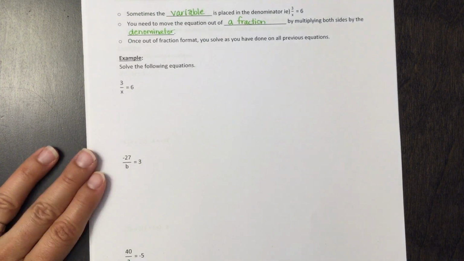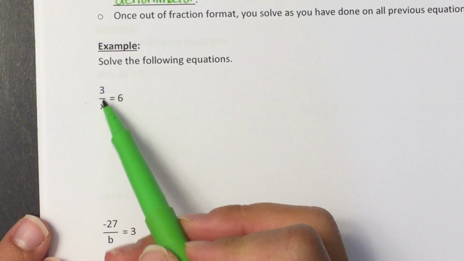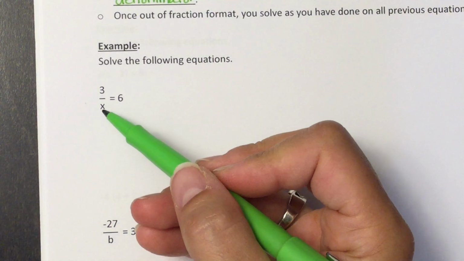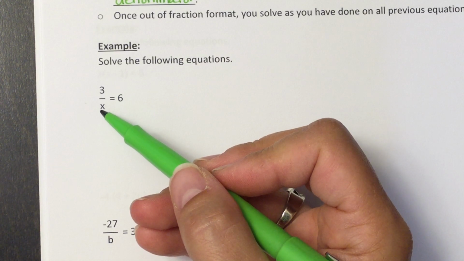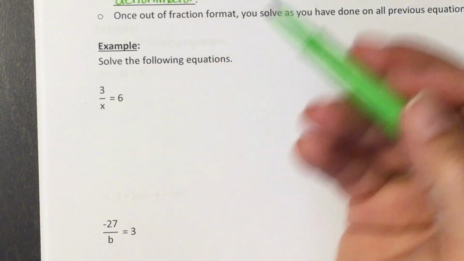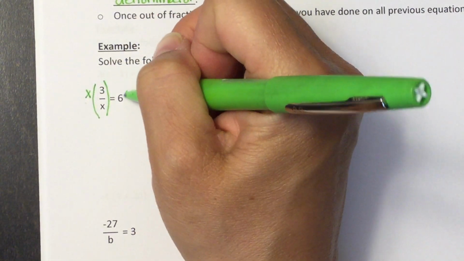Okay, so let's take a look here at something very simple. 3 over x equals 6. The first thing we want to do is get rid of this x in the denominator. So I'm going to multiply both sides by x.